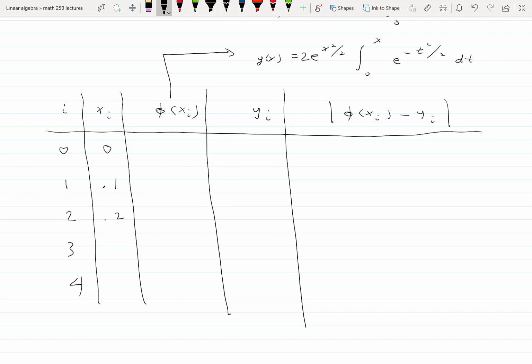Our other x values are not 0.3 and 0.4, it's 0.4 and 0.5.